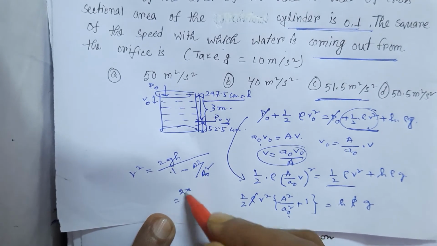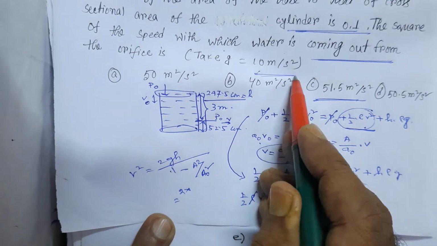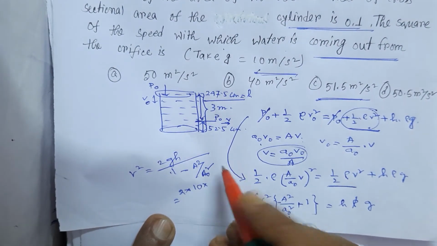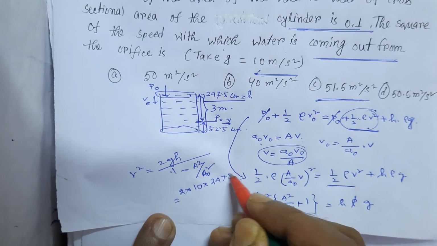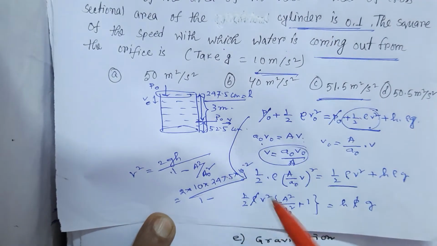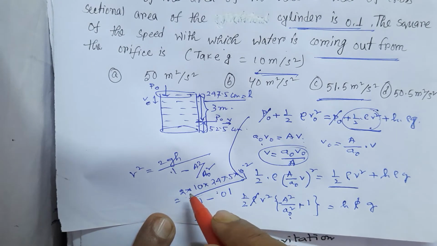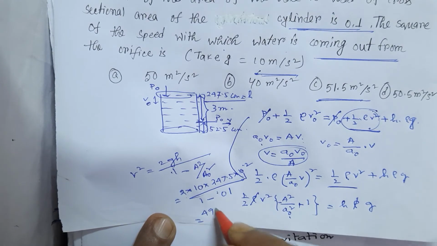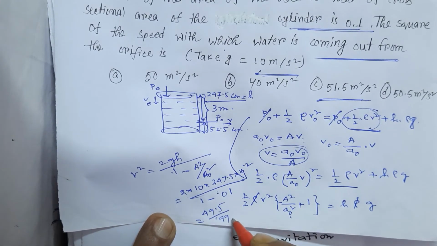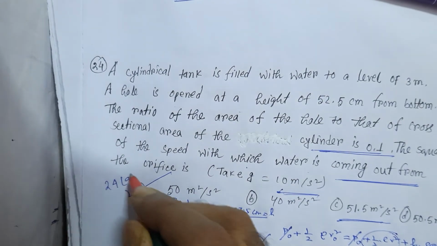So 2 into G, take G as 10, into H, which is 247.5 into 10 to the power minus 2, by 1 minus A square by A1 square, that is 0.01. So 20 into 2.475 is 49.5, by 0.99, that is your 50. So V square is actually 50. So the correct answer to question number 24 is A.